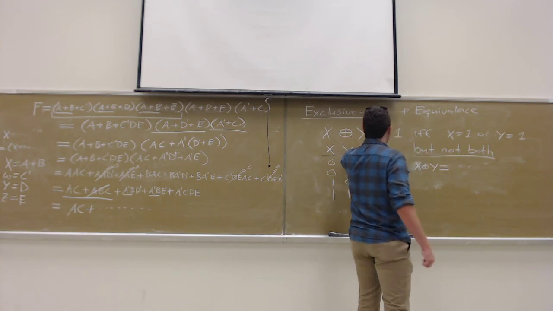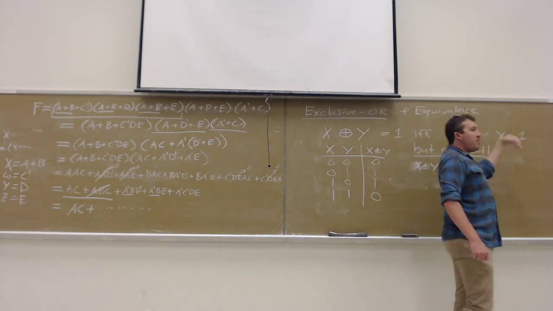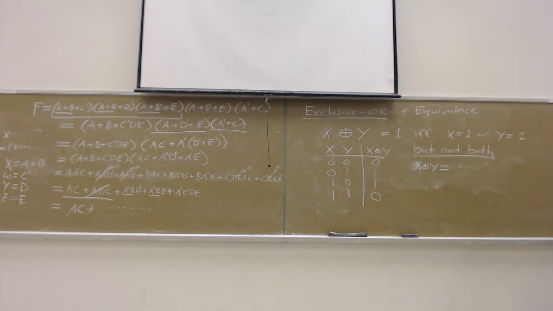X exclusive OR Y is equal to 1 if and only if X is equal to 1 or Y is equal to 1, but not both. Can anyone state that as a Boolean expression? X prime Y or X Y prime. That's the punchline. That's what it simplifies to.